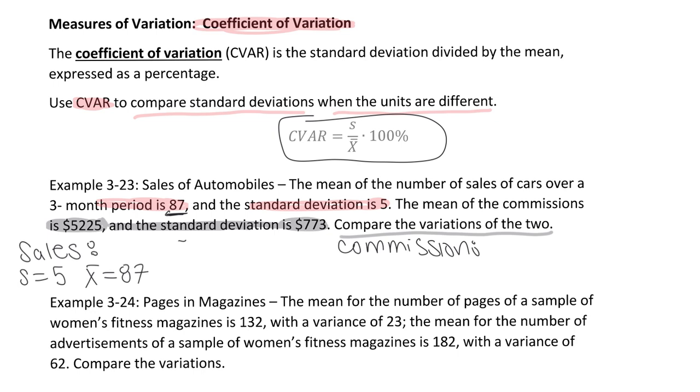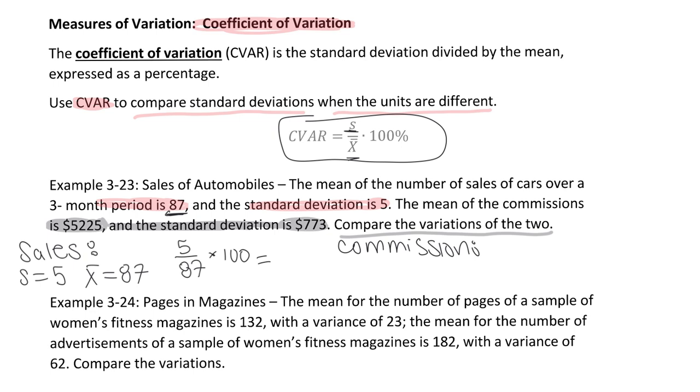And so I'm going to have 5 over 87 times 100. So 5 over 87 times 100 would be the CVAR for the number of sales. So it's the standard deviation over the average times 100.